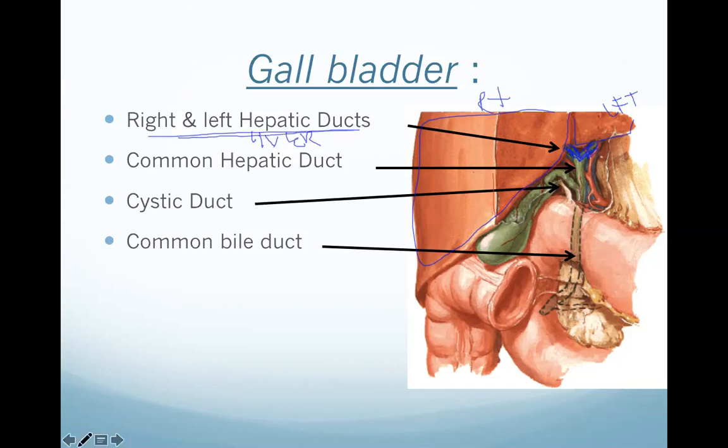We then have a cystic duct, and the cystic duct drains the gallbladder. So here's the cystic duct. That empties and fills the gallbladder. So this is the gallbladder. We're going to use the term common anytime we see two ducts uniting.